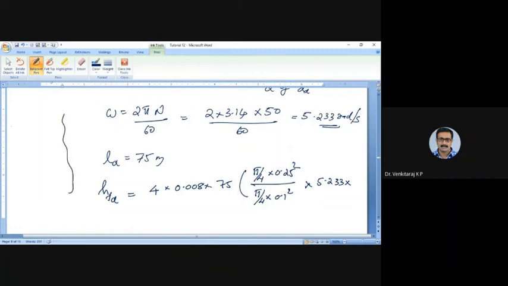So here we have L as stroke length of 50 centimeter.